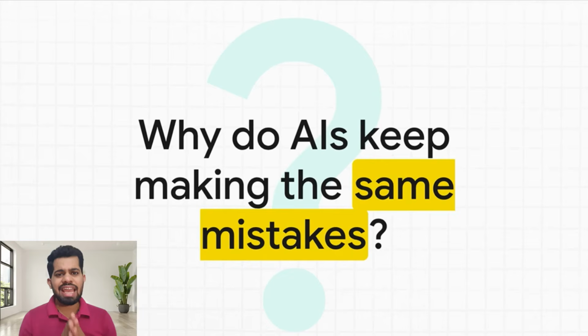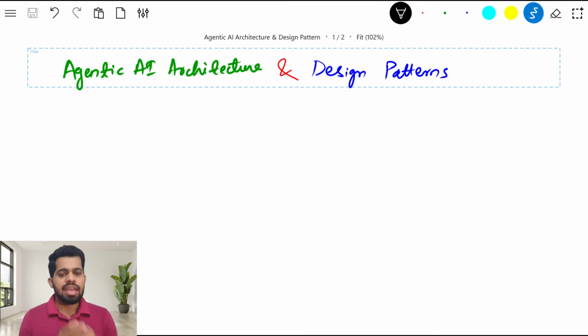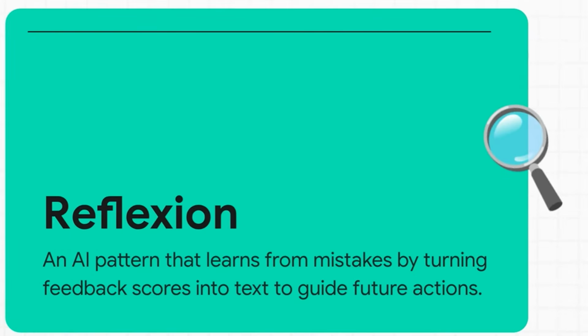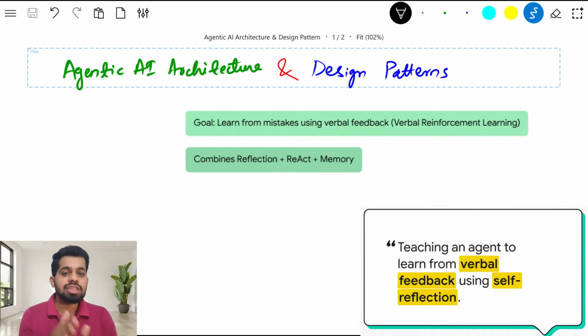Have you ever seen an AI make the same mistake repeatedly? It's because they often lack a mechanism to learn from trial and error without undergoing expensive and time-consuming retraining. Reflection solves this brilliantly. Instead of fine-tuning the entire model, it teaches the agent to learn from verbal feedback using self-reflection. So, what is verbal feedback?